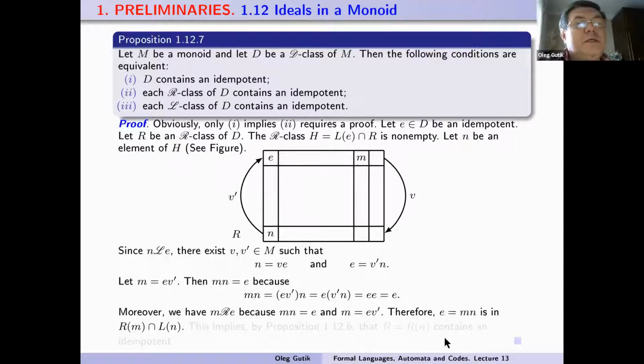Therefore, we get that E is equal Mn, an element of the intersection of classes R_M, R_N, and L_N. This implies by the previous proposition that R_N contains an idempotent. This completes the proof.